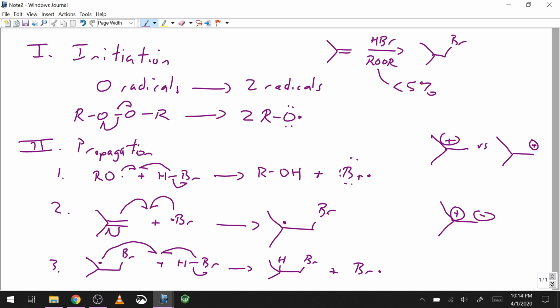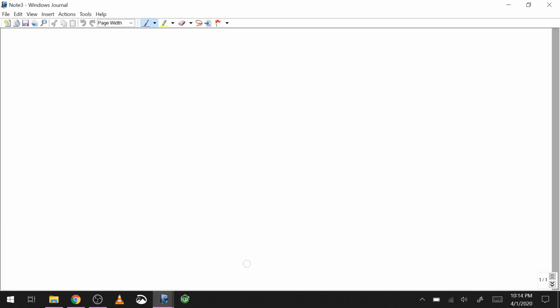So this will then continue on and on and on until I've burned through all of my alkene and basically generated all of the product. Sort of. There's a twist to that. Step 3, or type 3, not really step 3, termination.